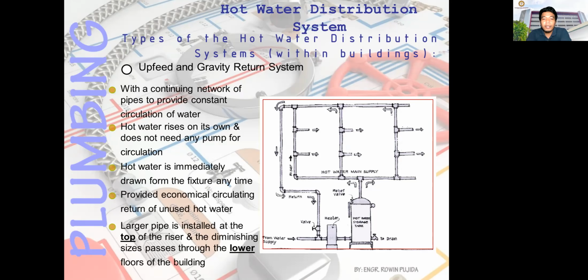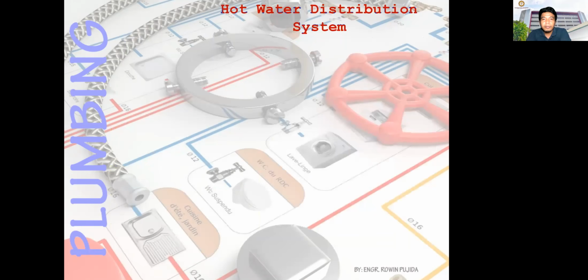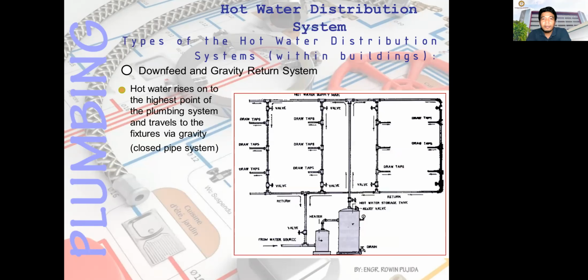A larger pipe is installed at the top of the riser, and the diminishing pipe passes through the lower floors of the building. Then you have the downfeed and gravity return system. So maybe for cold water and hot water, you have the same systems used, downfeed and upfeed.